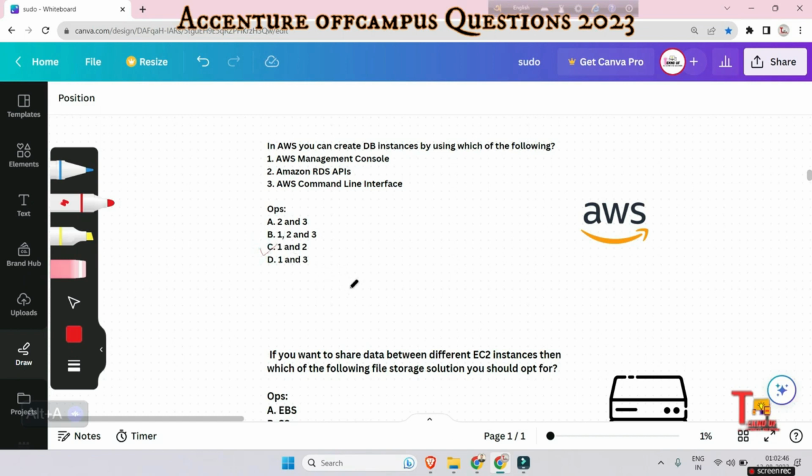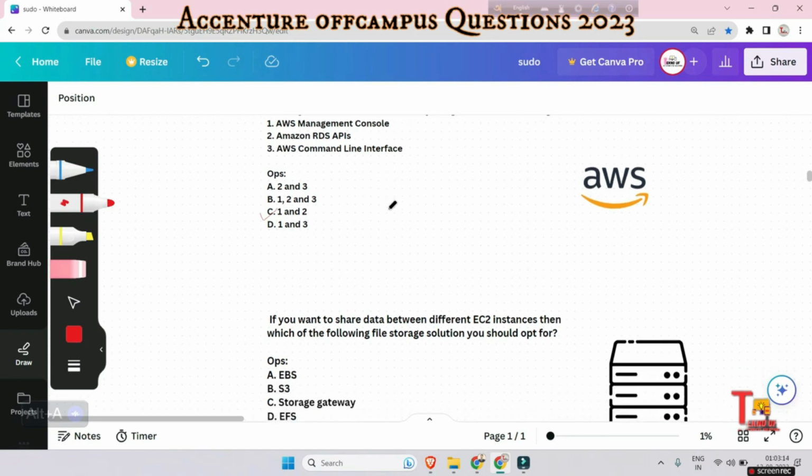Actually, you can create database instances using both the AWS Management Console and Amazon RDS APIs, right? There is a little more concept behind the question. I will not take time to discuss them, right? So let's go to the next question. That will be better for now.